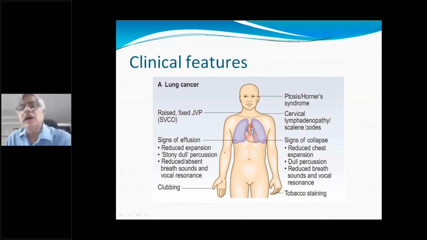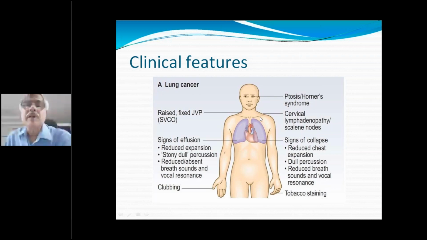Scalene lymph nodes are also enlarged. Very good. Virchow's node, that is known as Troisier sign. The left supraclavicular lymph node gets enlarged. That is known as Virchow's node.